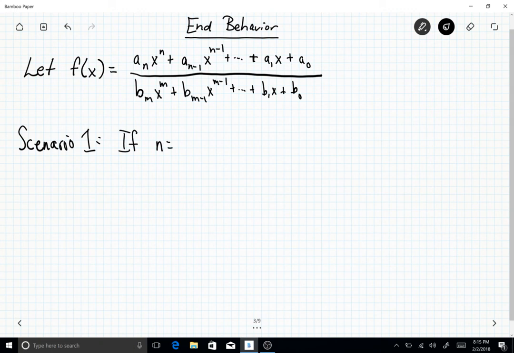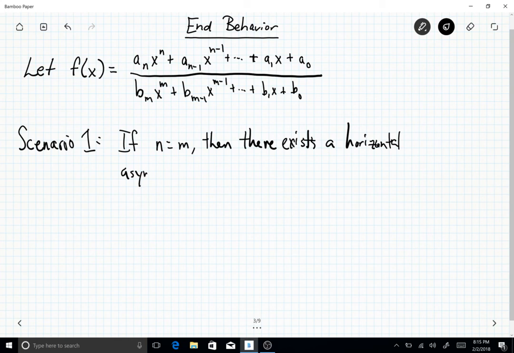If n equals m, then there exists a horizontal asymptote. Now, horizontal asymptotes are the y value, and so this is going to be at y equals.